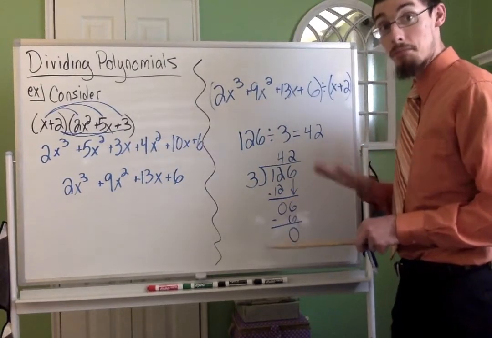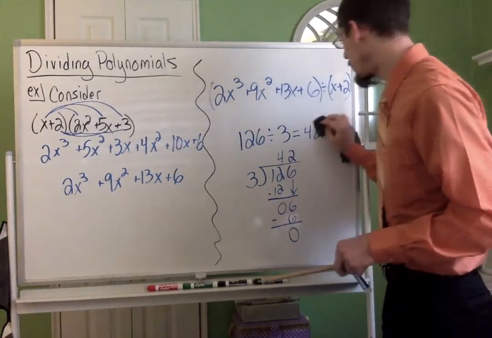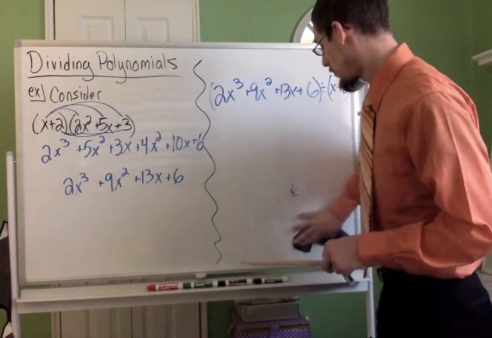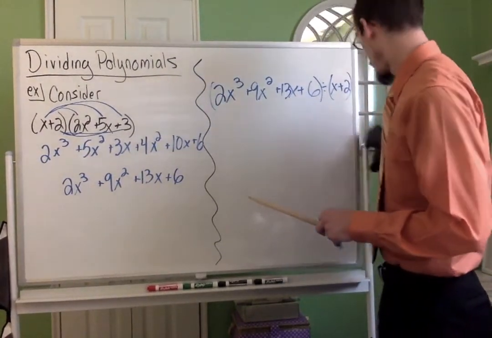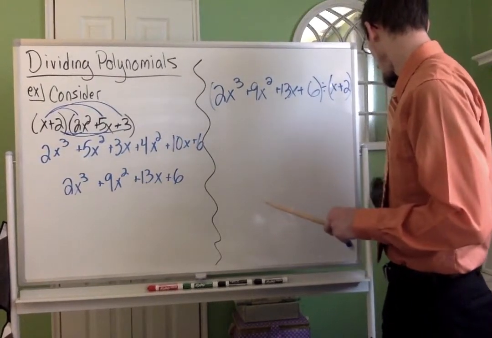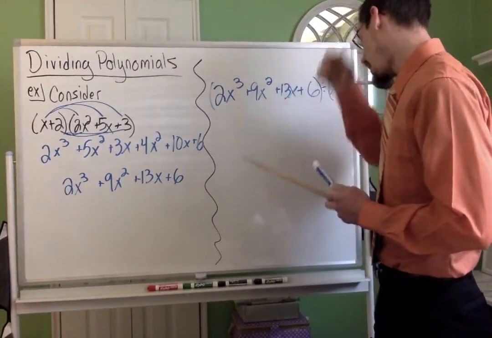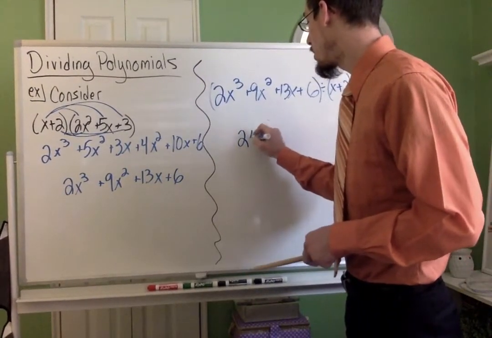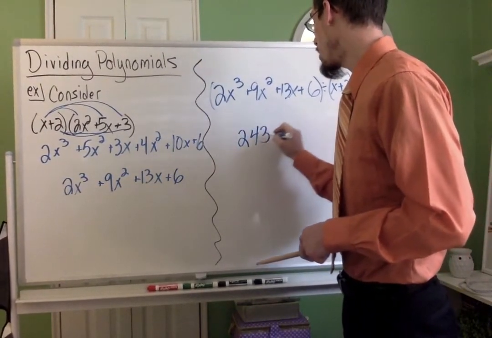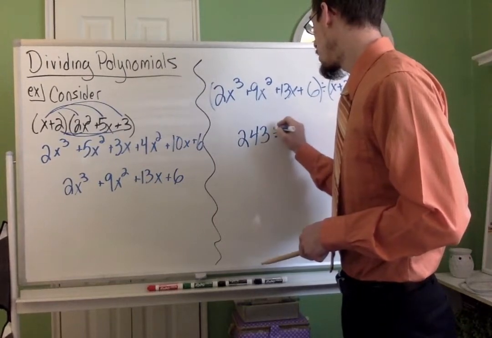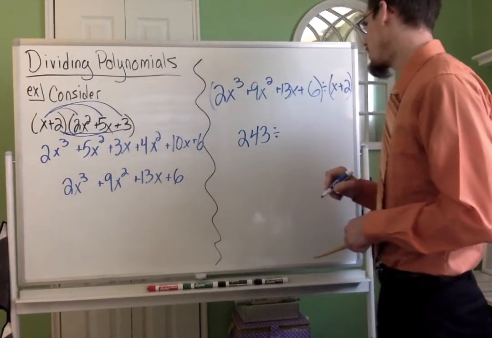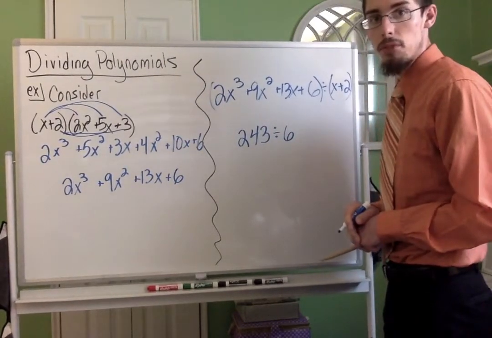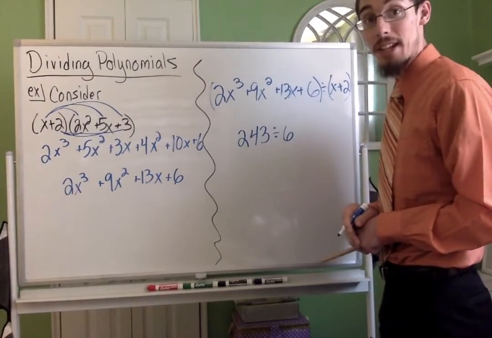And real quick, let's do one more of those. What if I needed to do 243 divided by 6? 243 divided by 6.